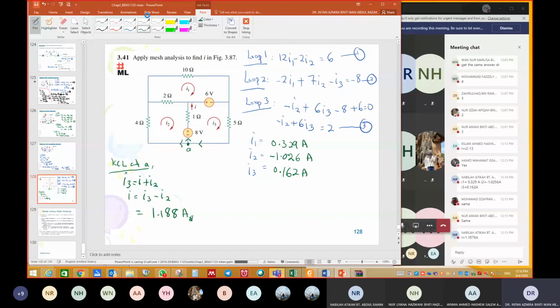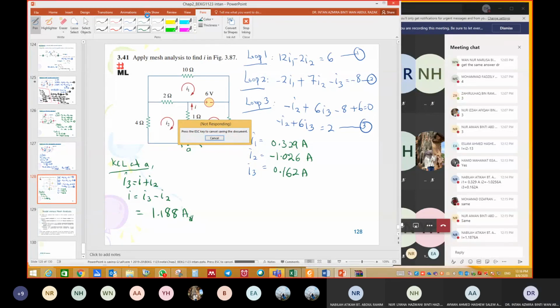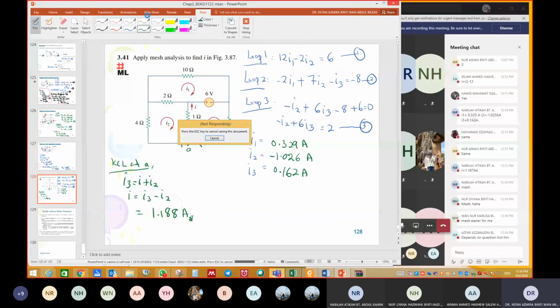Okay, class. Now, which one is easier, nodal or mesh, or both are easy? Mesh. Yes, mesh is very, very easy. It is very straightforward. Nodal depends on the question.